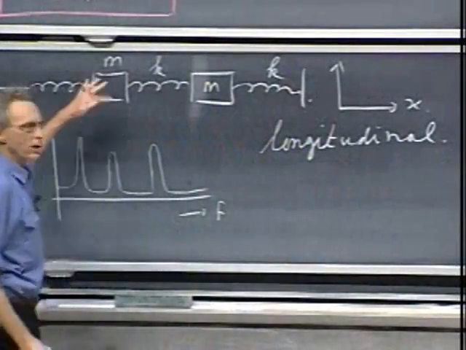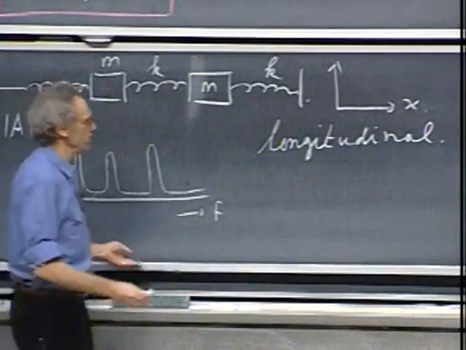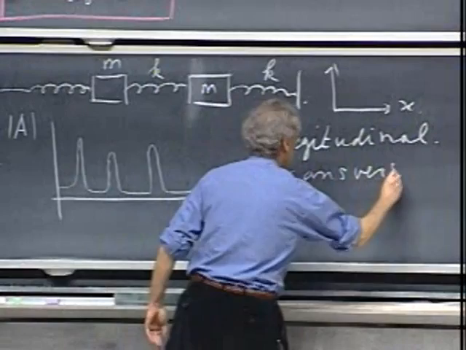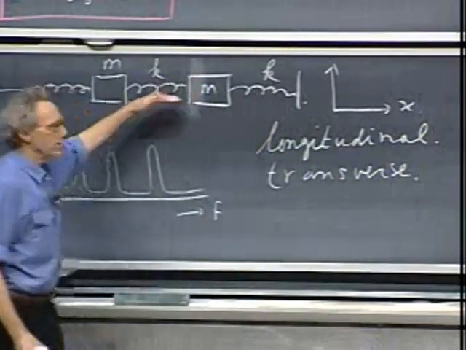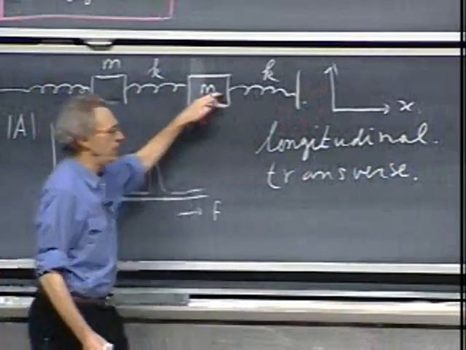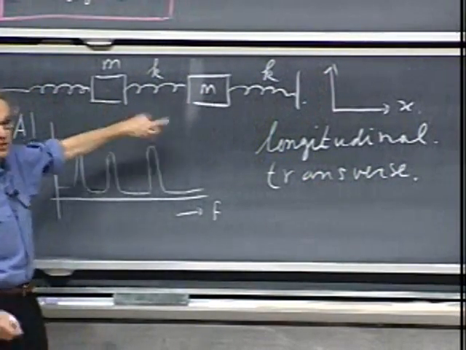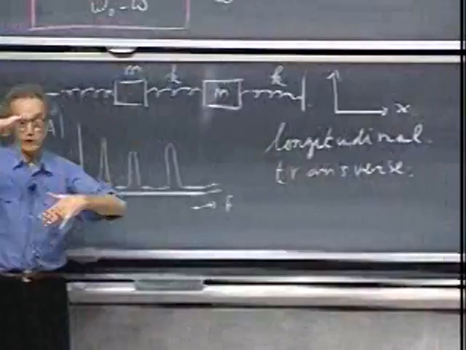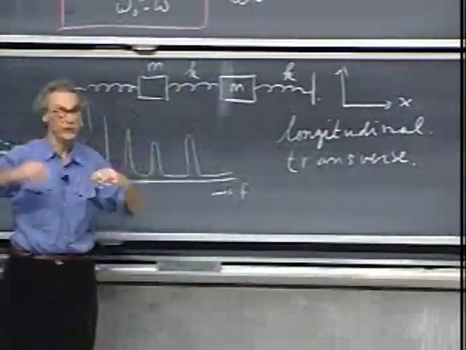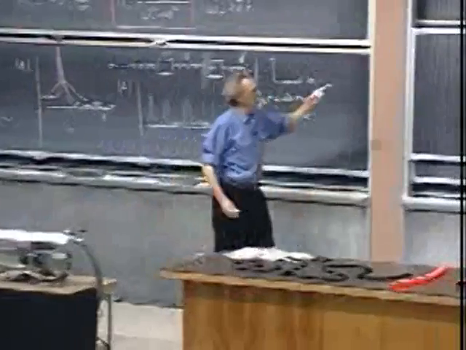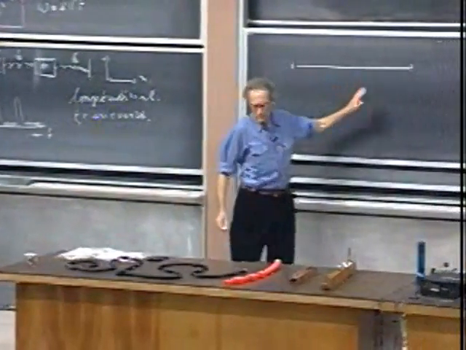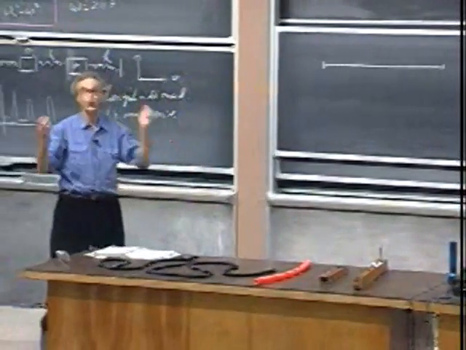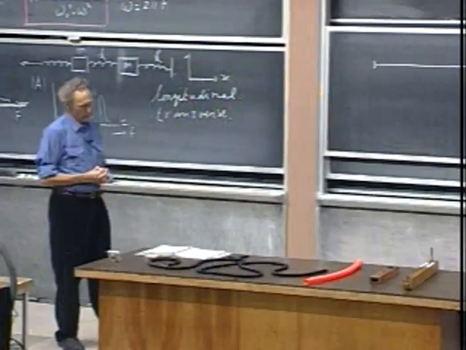There is also a way that you can have transverse oscillations, whereby the motion is in the y direction, whereas the beads are in the x direction. I could even do that with this system. I could make them oscillate like this, because the springs will obviously also work if I do this with the system. And that's the way I want this violin string or piano string to oscillate now, because that's the only meaningful way that I can make it oscillate.